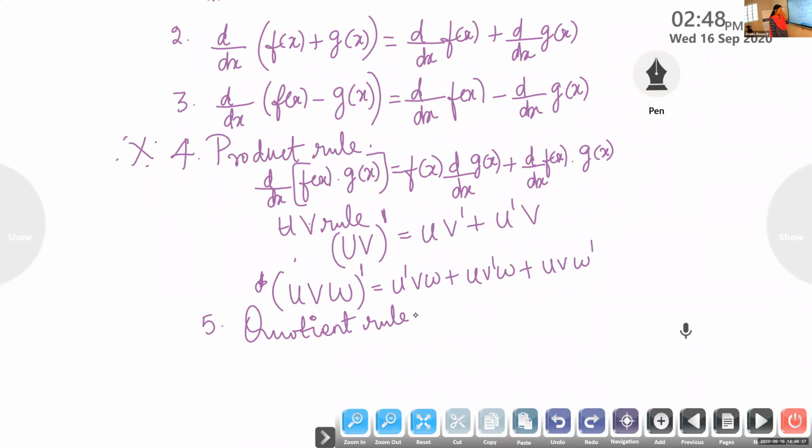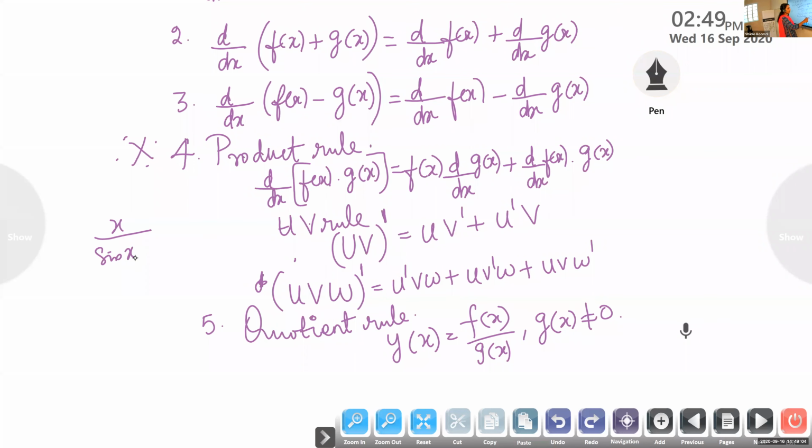Quotient rule. Suppose the function is of the form f(x) by g(x), with g(x) not equal to 0, the denominator not equal to 0. For example, x by sin x: the numerator is some function in x, the denominator another function in x.